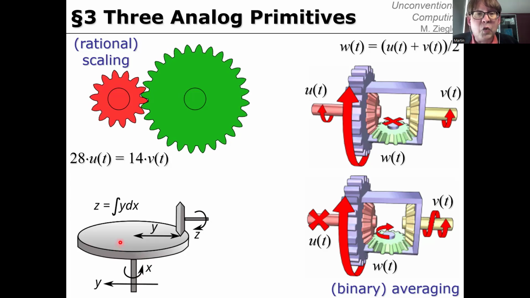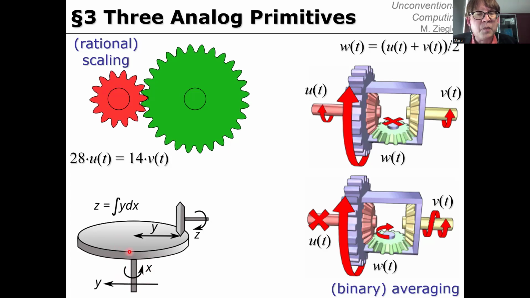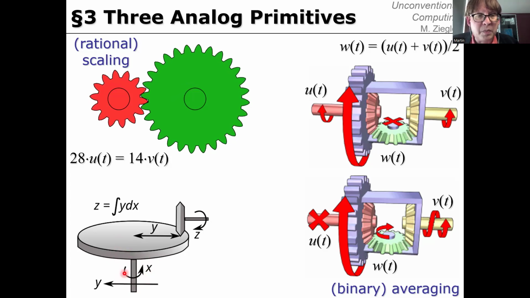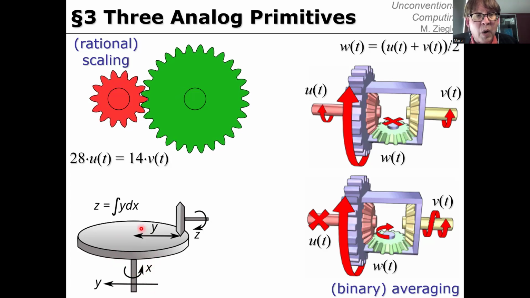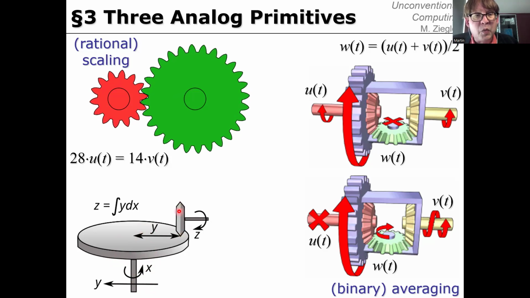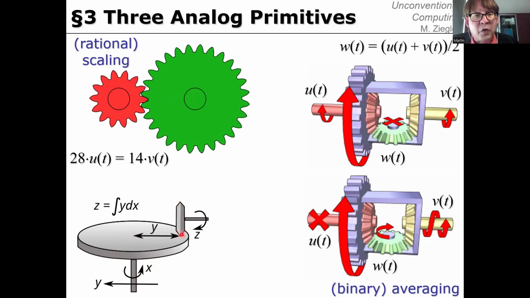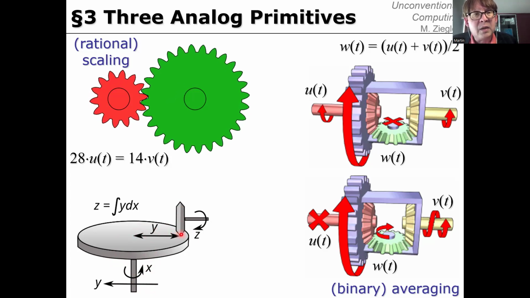Now, how does that work? Here we have again two inputs. One input is the rod X that rotates at a certain speed. And the other input is Y. Y moves this wheel back and forth from the center to the border.